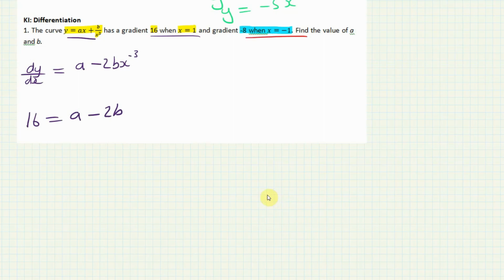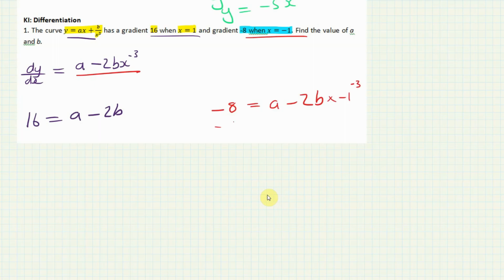Now let's do another equation for this one here. So we know that when the gradient is 8, so negative 8, so we go negative 8 is equal to, now we use our gradient function, a minus 2b when x is minus 1, and that is times negative 1 to the power of negative 3.